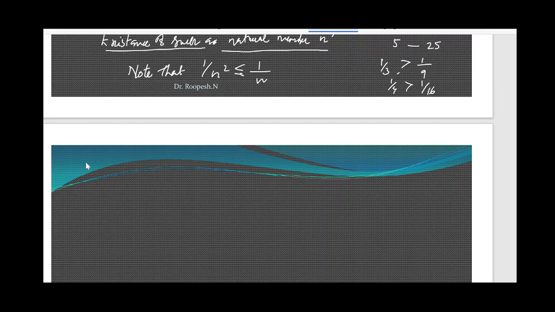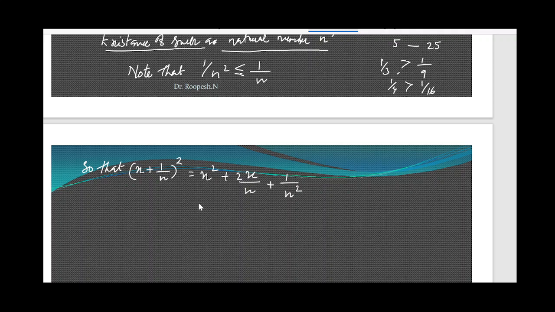So take x plus 1 by n whole square. That's equal to x square plus 2x by n plus 1 by n square, right? Now I can replace this 1 by n square with 1 by n.